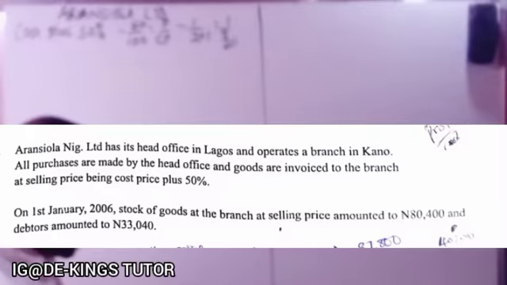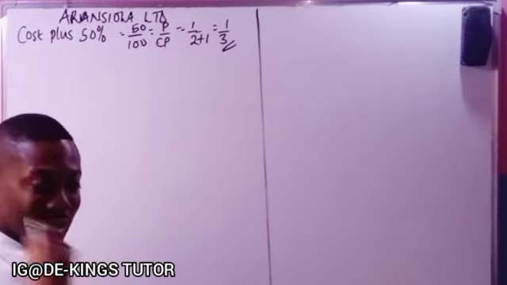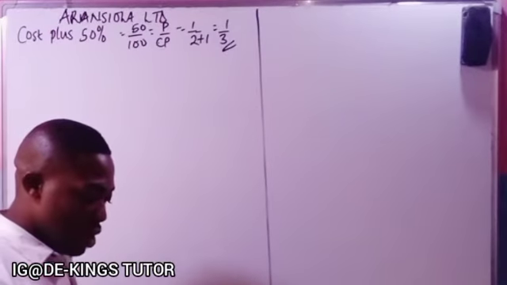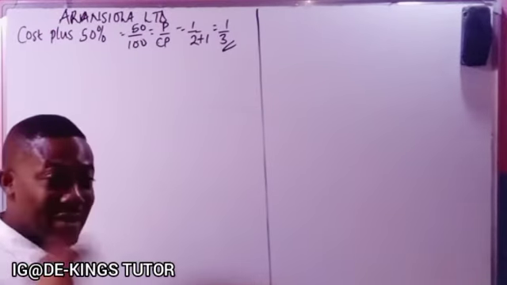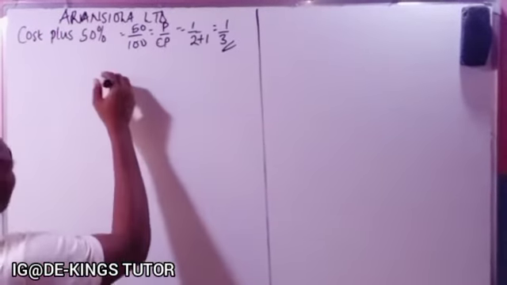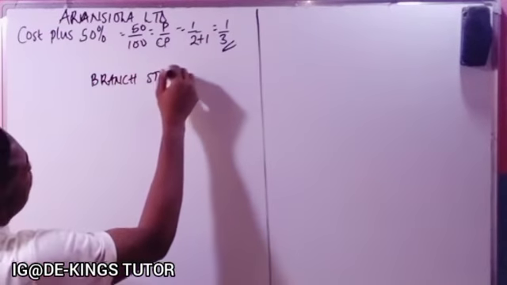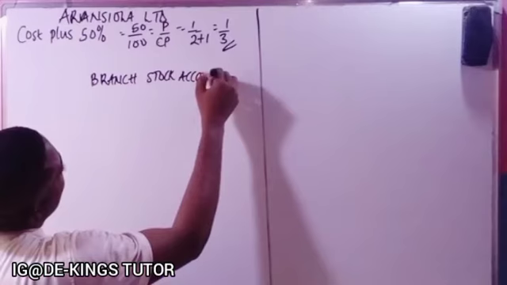Because all those things were given in selling price. On 1st January 2006, stock of goods at the branch at selling price amounted to this. Now you must not lose focus on the required accounts they're asking you to prepare, if it's an exam question. The first one is the branch stock account.